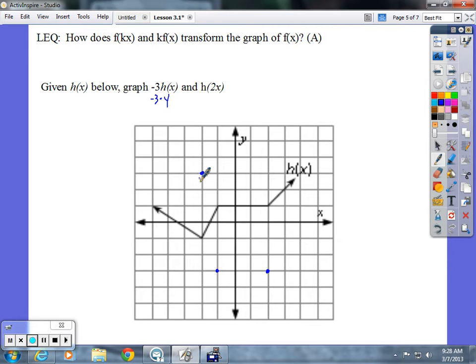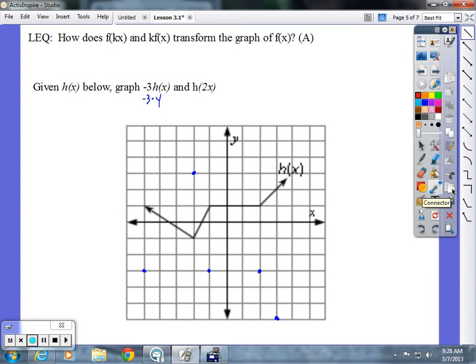Okay, so you can see I'm starting to form this graph. Here the y value is 2. 2 times -3 is -6. Okay, and then let's use this y value right here as 1. 1 times -3 is -3. Okay, so now that I have all my points, I can go ahead and connect those dots to get my new graph.